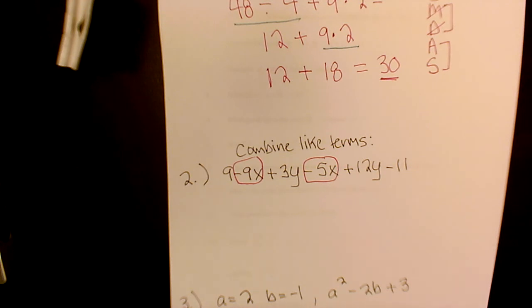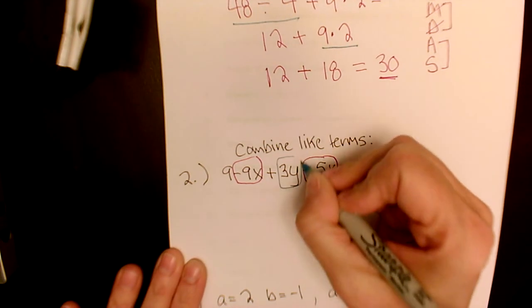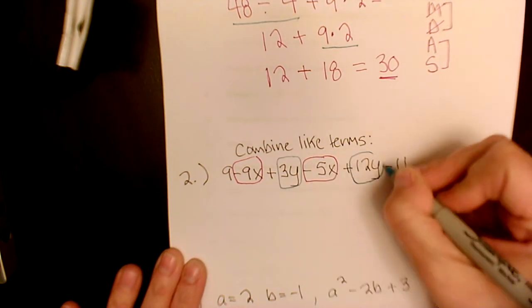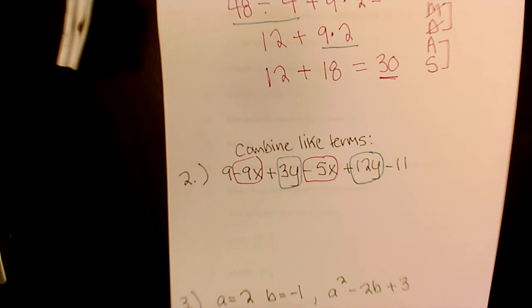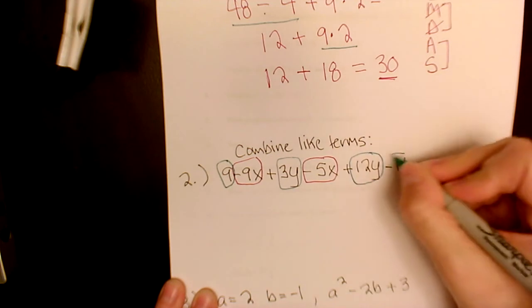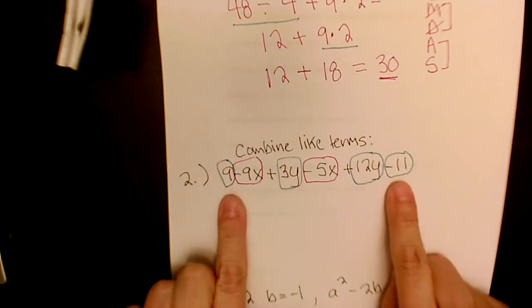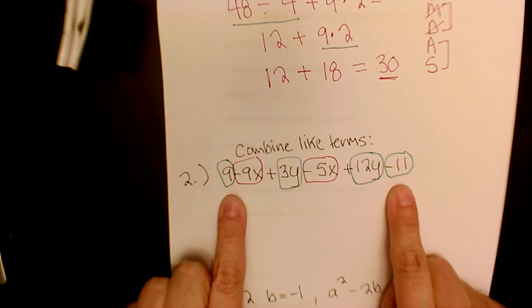I just like to put boxes around the terms that match up. And then I've got some Y's, and then I've got some numbers. Okay, so I've got 9 minus 11. So I've got a positive 9 and a negative 11.